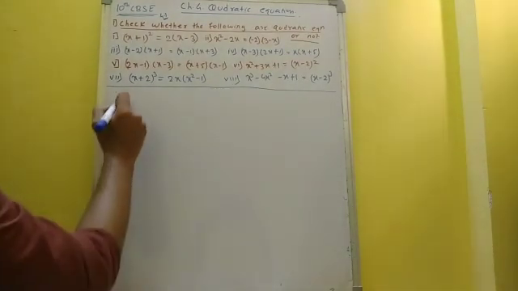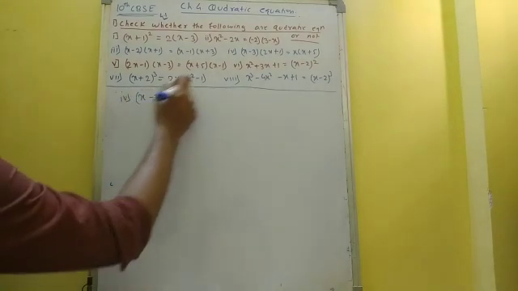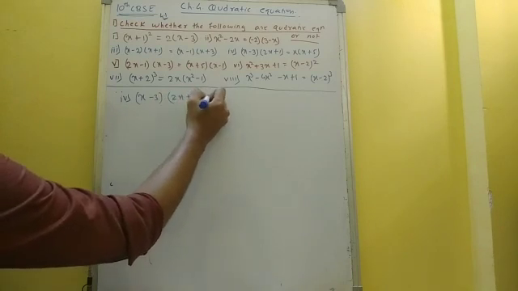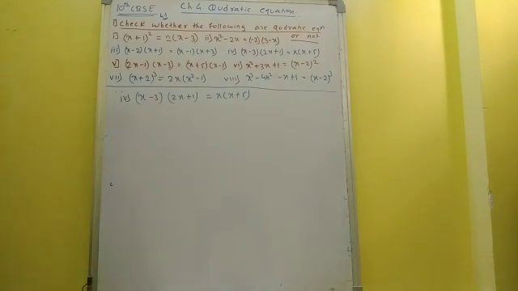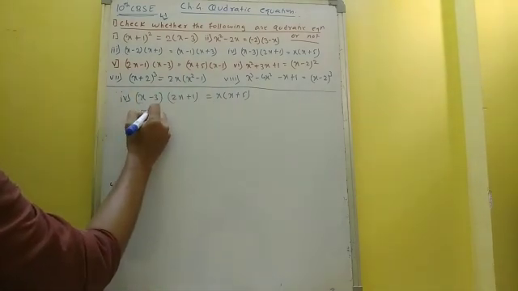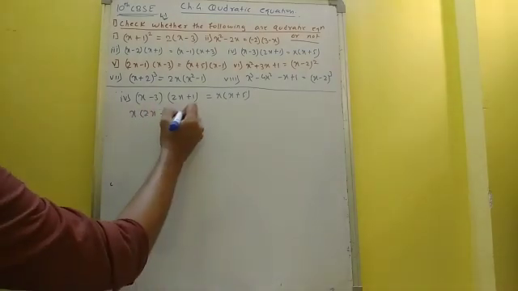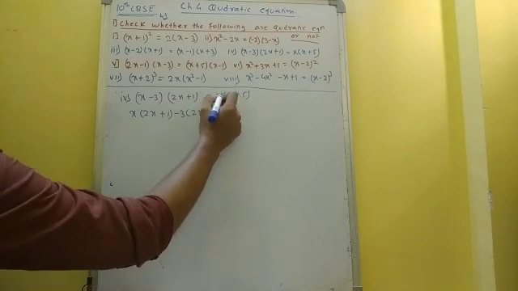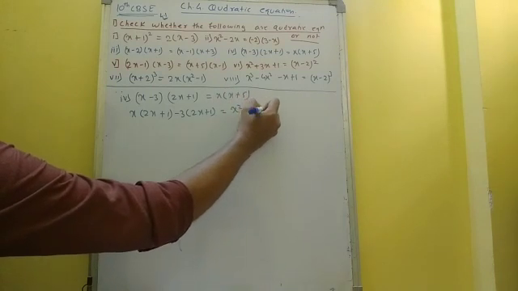What is the fourth one? We have (x minus 3)(2x plus 1) equals x(x plus 5). First term multiplied by the whole bracket, x multiplied by 2x plus 1, minus 3 multiplied by 2x plus 1. x into x is x square, x into 5 is 5x.